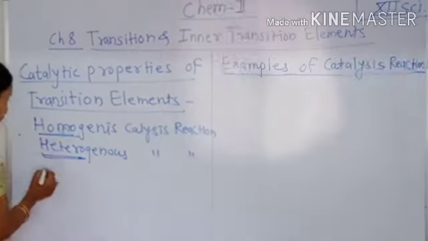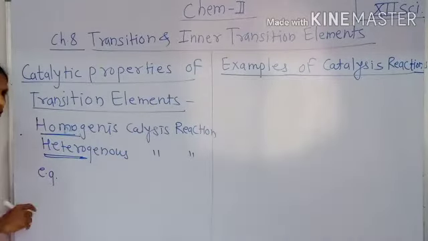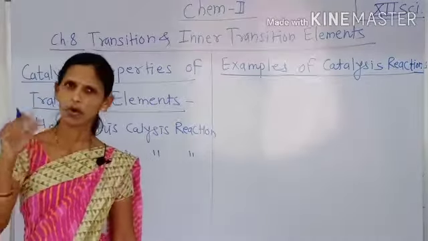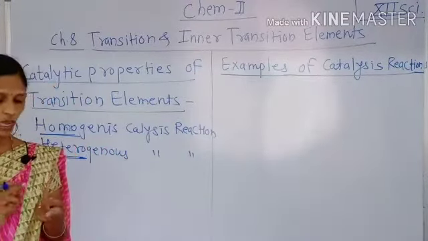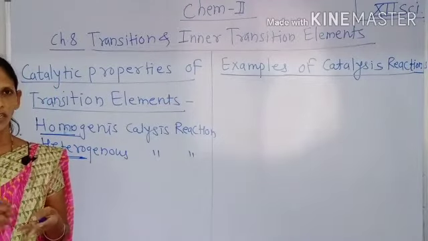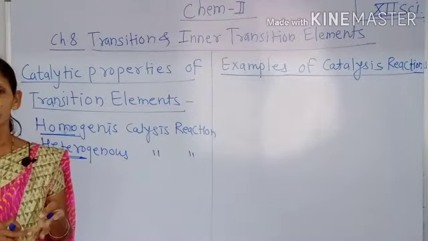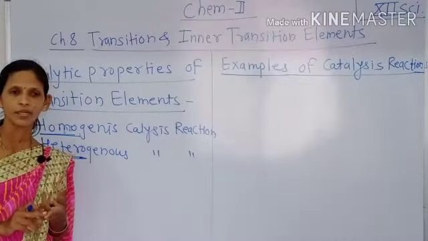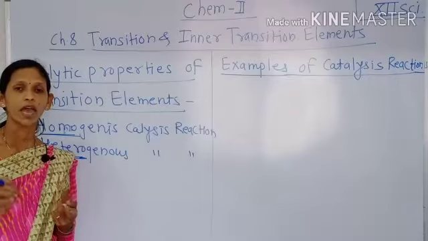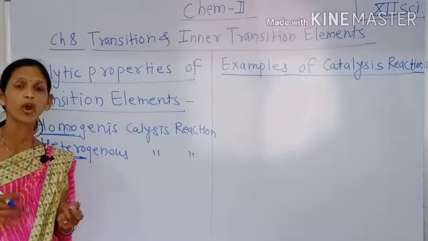For example, the elements from the transition series, there are 4 transition series, the elements that is iron, cobalt, nickel, copper, zinc, platinum, chromium, palladium, etc. act as catalysts. All of you are aware of that.